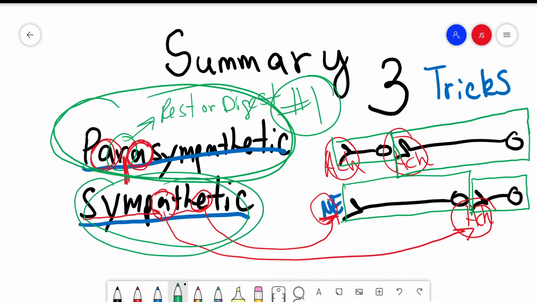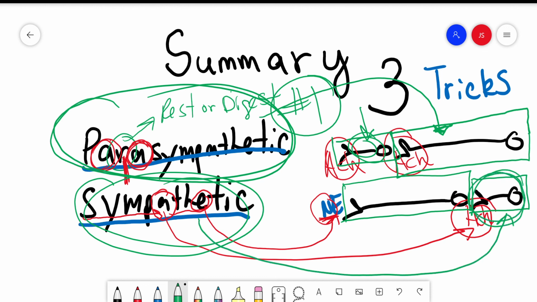Therefore, the first fiber of the parasympathetic nervous system is longer. The second fiber, this fiber, is shorter. The word sympathetic itself is shorter than the word parasympathetic. Therefore, the first fiber in the sympathetic nervous system is shorter than the postganglionic fiber. Therefore, the postganglionic fiber must be longer.